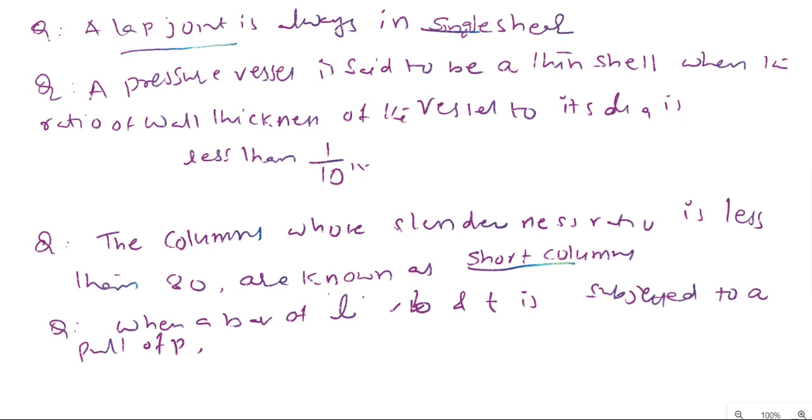For example, when a bar having length L, width B, and thickness T is subjected to a pull, when you apply a load on this object, its length increases, and width and thickness decrease. So this is the answer.